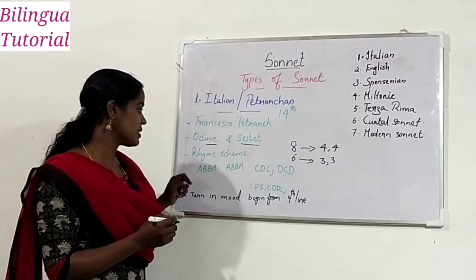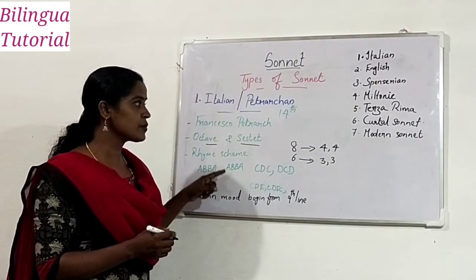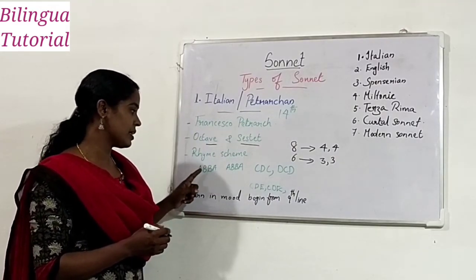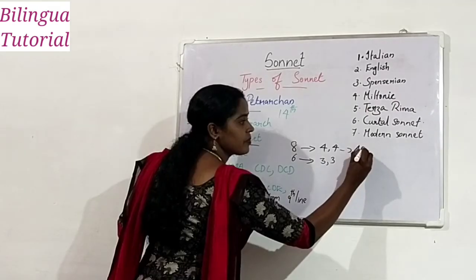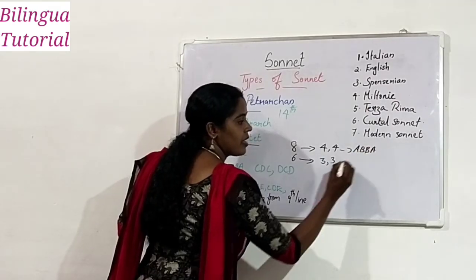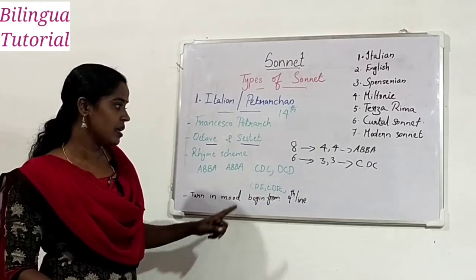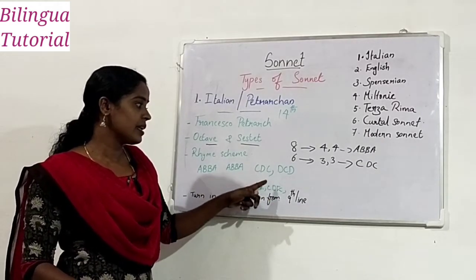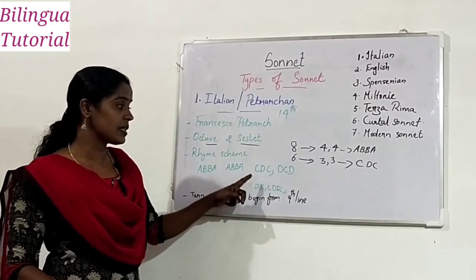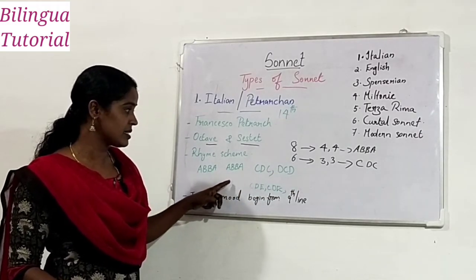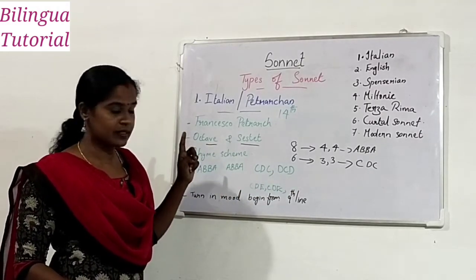The rhyme scheme for the Petrarchian octave is ABBA ABBA, and CDE CDE is accepted, as are CDC and DCD. These were the accepted forms for the second section, the sestet.